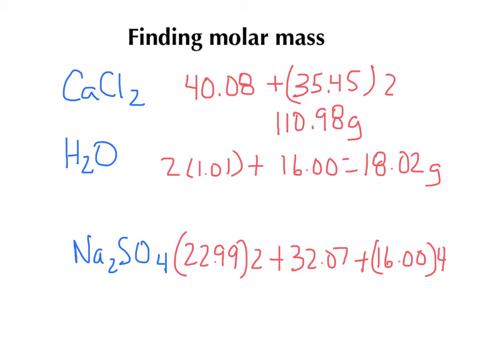I'm going to put it in my calculator just the way it shows right here, and I get 142.05. This is something that you need to know, how to find the molar mass. If you don't know how to do it, then plug them in, try some extra ones. Try these ones again on your own. Go back, rewind it, and try them before I did it.